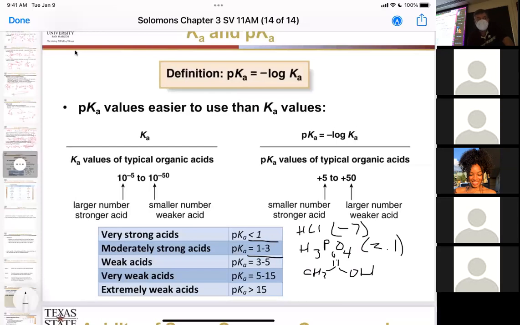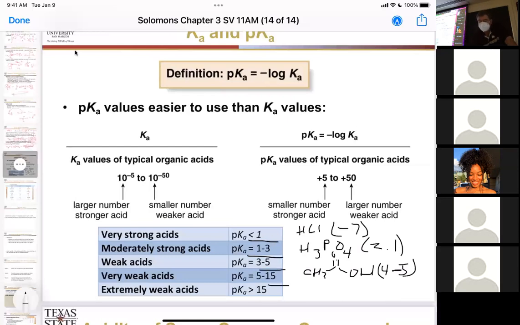It has a pKa of 4 to 5, 4.25, depending on the substance. But then we get into things that are weaker than that. So acetic acid is what we consider our weak acid.